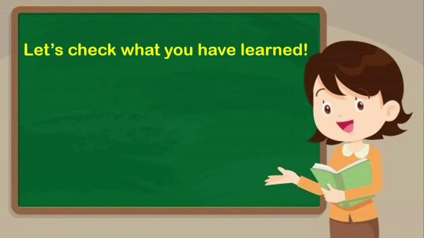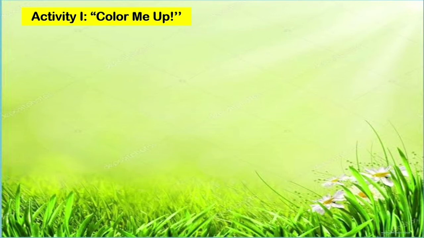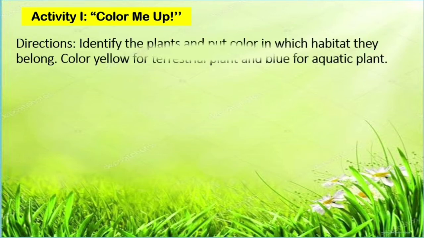Let's check what you have learned. Are you ready? For activity 1, entitled Color Me Up, you are going to identify the plants and put color in which habitat they belong. Color yellow for the terrestrial plant and blue for aquatic plant.